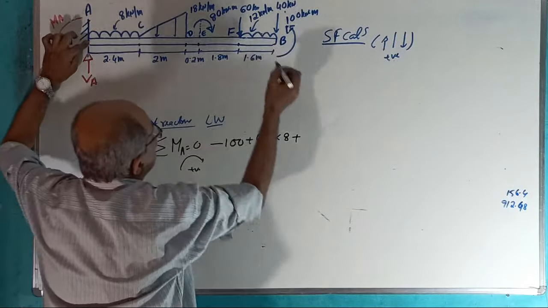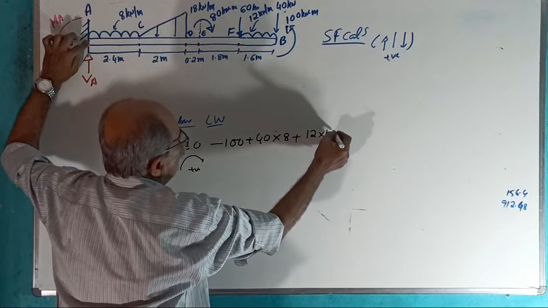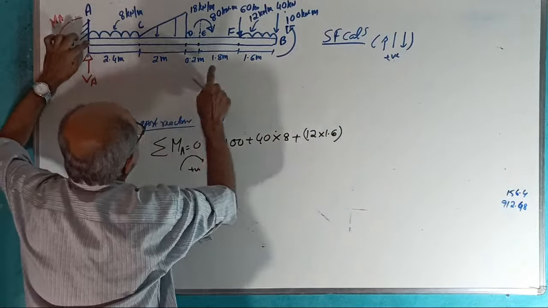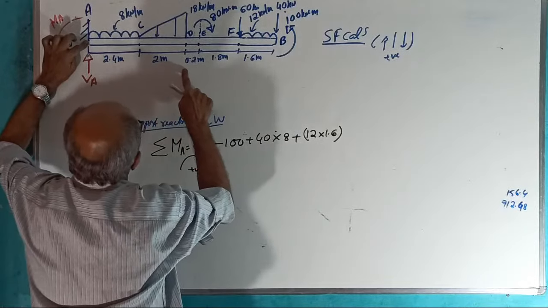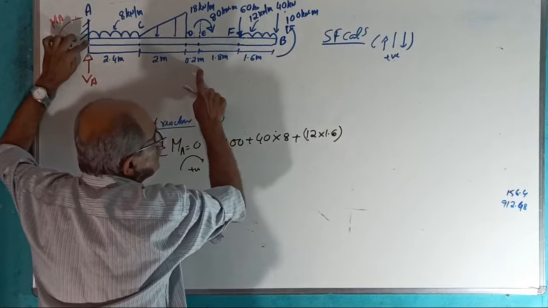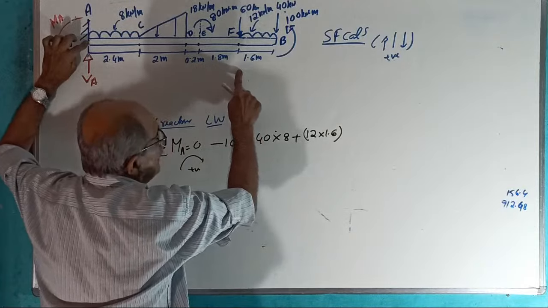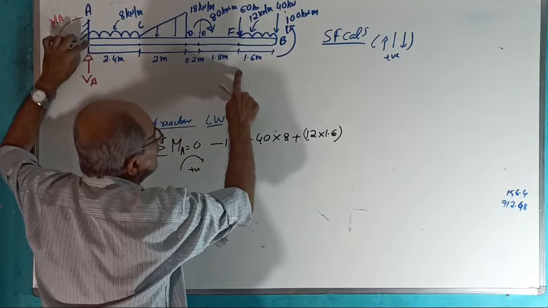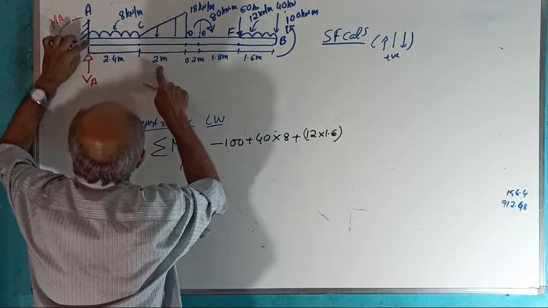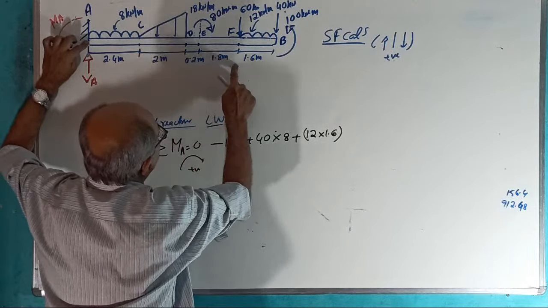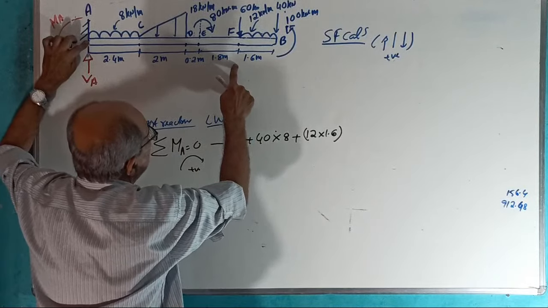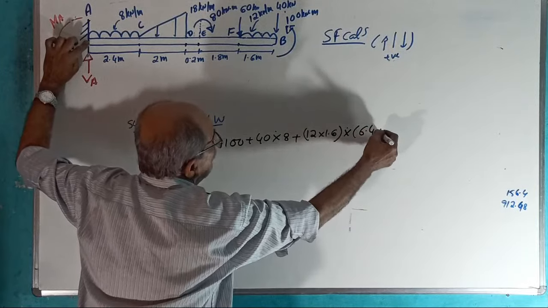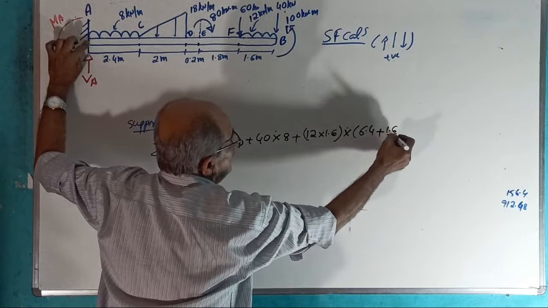Plus 12 kN per meter for 1.6 meter, total load into, from 2.4 plus 2, 4.4, 4.4 plus 1.8, 6.2. So into 6.4 plus 1.6 by 2.